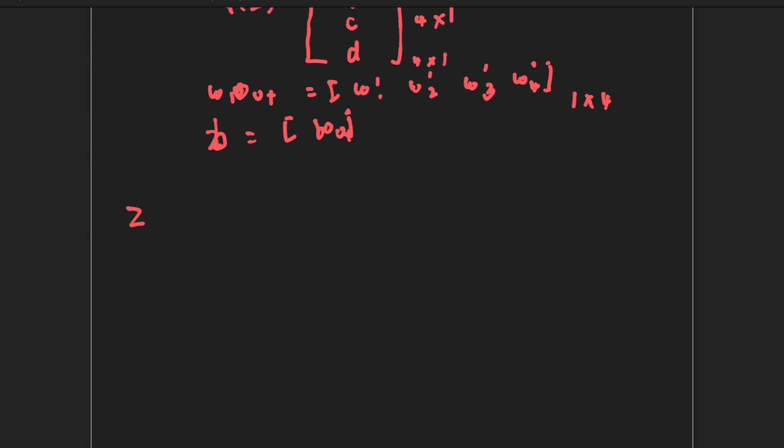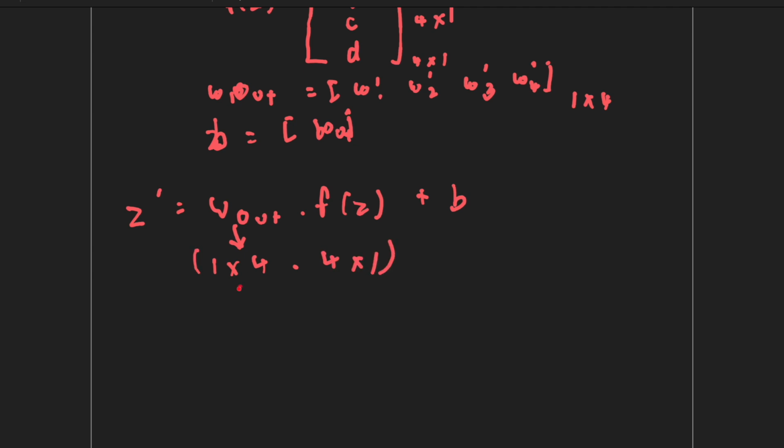Z', if we say, so W output times Z plus B. Here we have 1 cross 4, and there we have 4 cross 1.